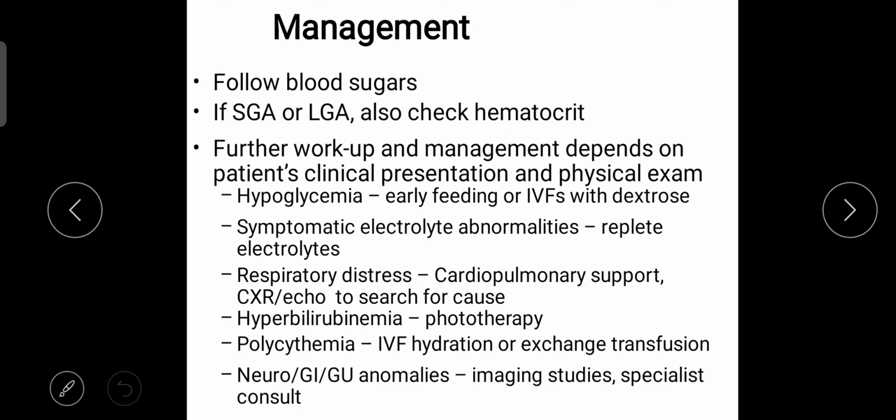Symptomatic electrolyte abnormalities, replete electrolytes. Respiratory distress means cardiopulmonary support. Hyperbilirubinemia means phototherapy. Polycythemia means IV fluid, hydration or exchange transfusion. Neuro, GI or genitourinary abnormality means imaging studies and specialist consult. See, this is the treatment that will be planned based on the symptoms that we notice in the baby.